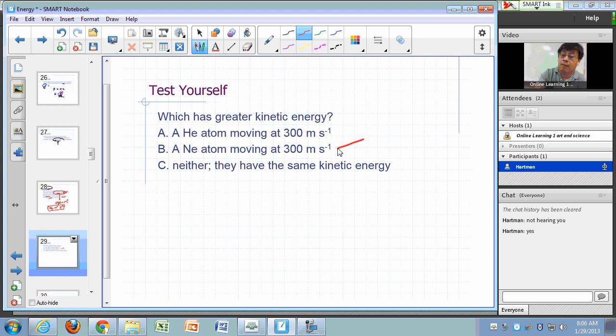B? Okay, very good. Kinetic energy is 1/2 times the mass times the square of the speed. So they have the same speed, so the one with the bigger mass would have more kinetic energy.